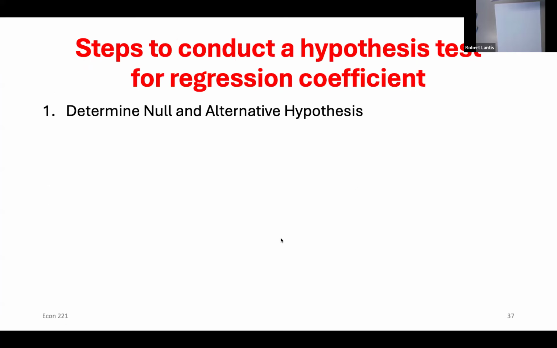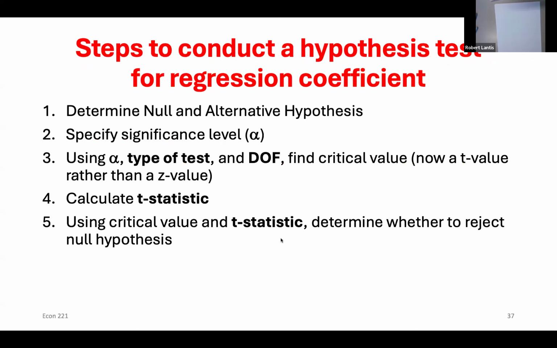Okay. So the steps, I literally copied and pasted this from what we went through the first time. It's the same exact steps as what we would do if it was a continuous variable. We've got this null and alternative, which is always that we assume that slope coefficient is equal to zero. We've got our three benchmark alphas of 0.1, 0.05, 0.01.